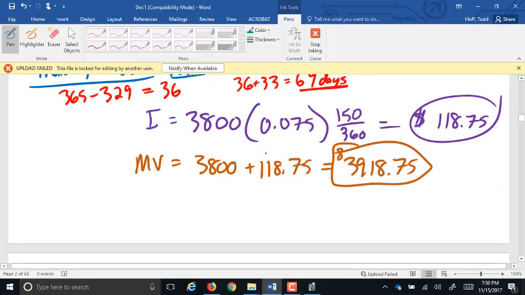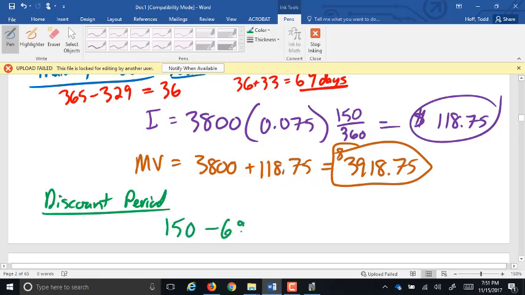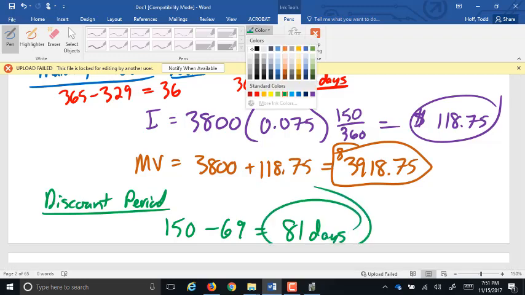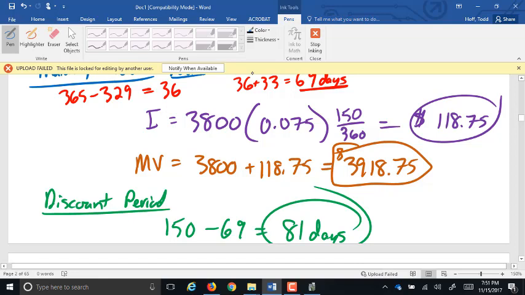Next, discount period. 150 minus the 69 is 81 days. That's the part that everybody forgets. You have to subtract the days gone by from the total days to get the days left.